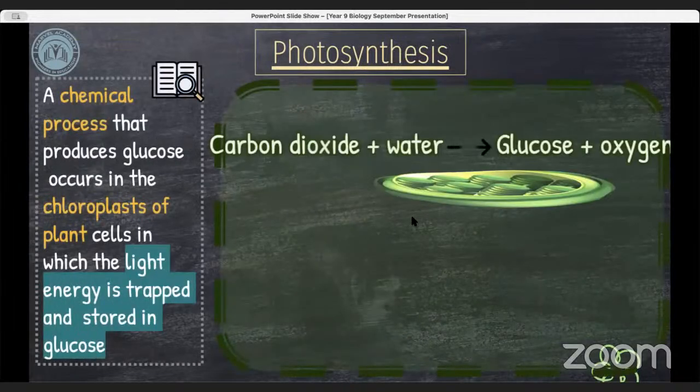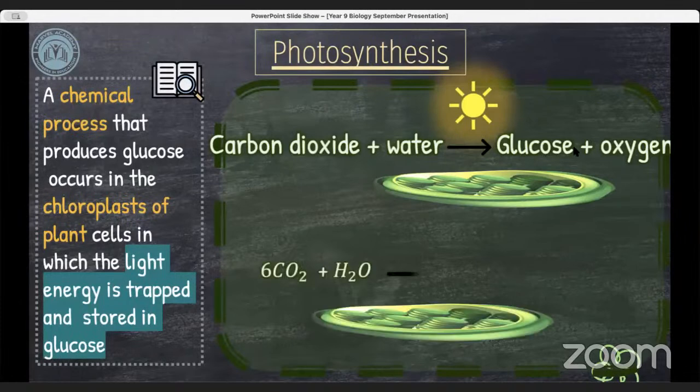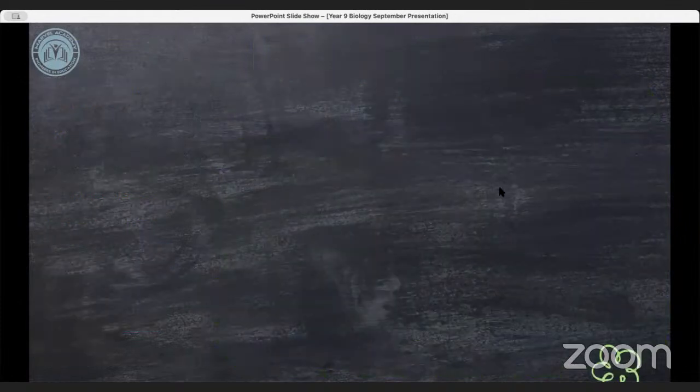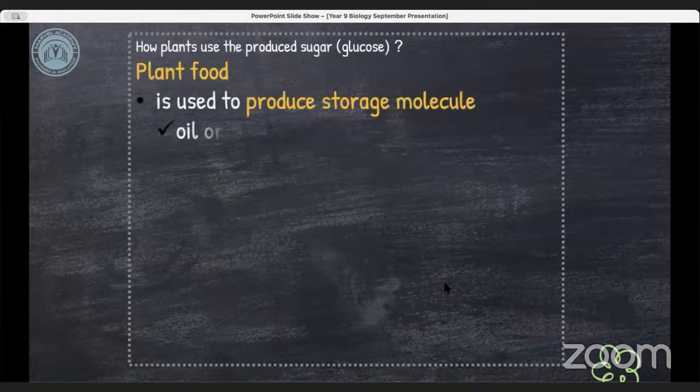And we learned the definition of photosynthesis, the chemical process that produces glucose in the chloroplast of the plant. We learned the raw materials, the word equation, and the chemical equation.